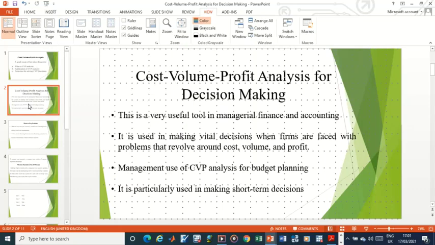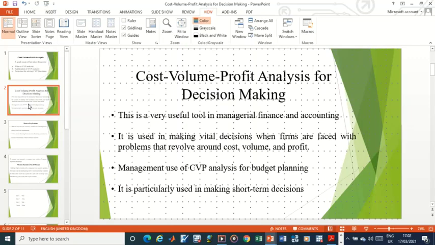From the foregoing, we can therefore infer that CVP is a management tool that could be used in making vital decisions when firms are faced with problems revolving around cost, volume, and profit. So that takes us to make or buy decision. We are going to be looking at make or buy decision today.